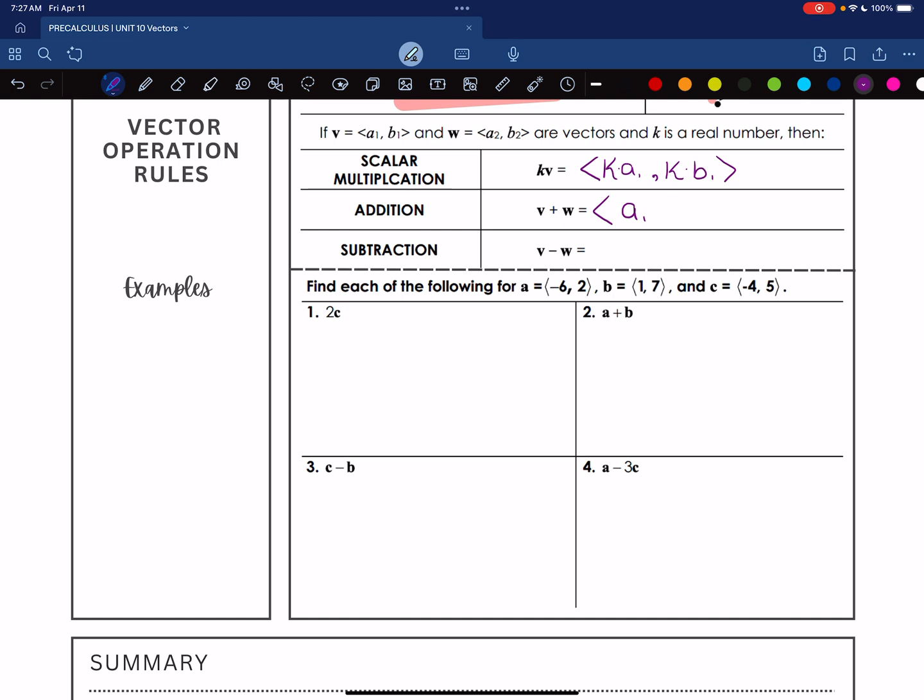If you're adding two vectors, then what's going to happen is you're going to take each component, the horizontal component of the two, and add them together. And you would add the vertical component to the other as well.